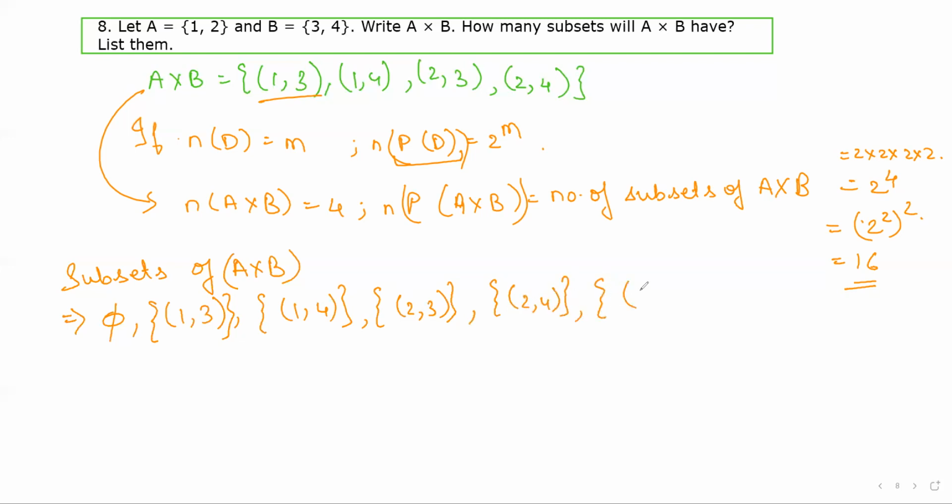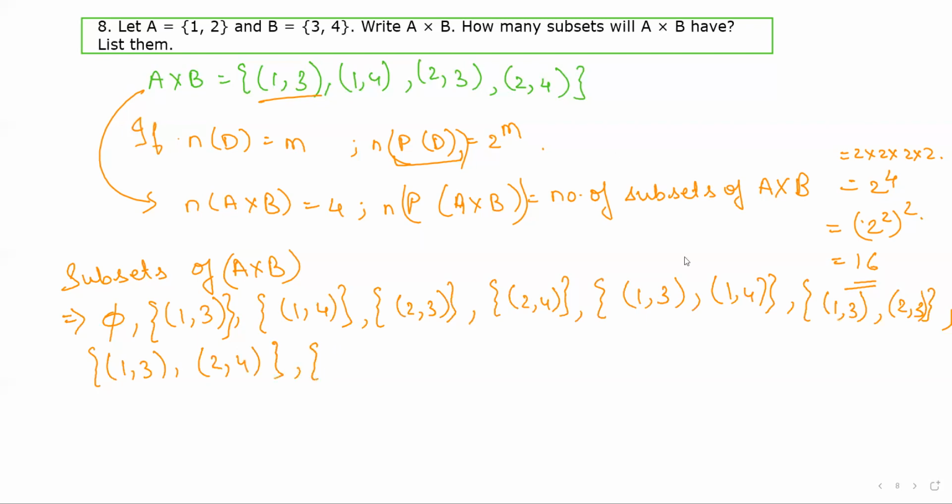Then 2 elements: {(1, 3), (1, 4)}, {(1, 3), (2, 3)}, {(1, 3), (2, 4)}.